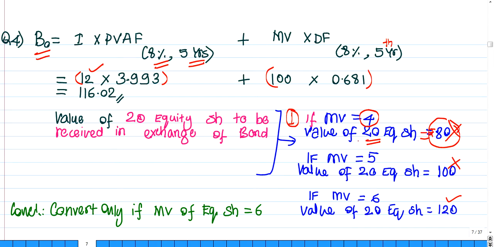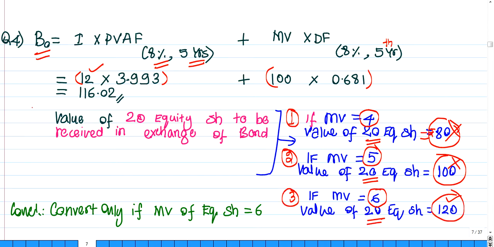That is better. If the market value of the equity share is 5, that is situation number 2. So I will get 20 equity shares. 20 into 5, my equity share value will be 100. Is it required? No, it is again less than the bond value. If the market value is 6, that is the third situation. My equity value is 20 into 6, 120.